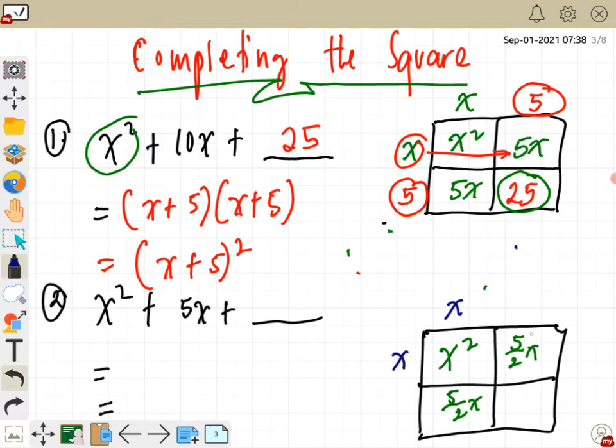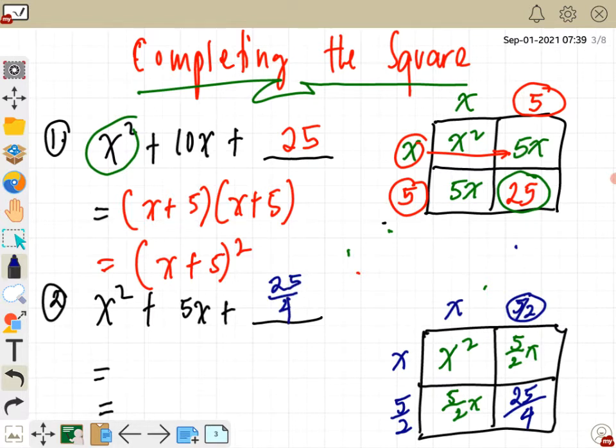Now what we do is, what must be here so that the result is 5 over 2 x. So blank times x equals 5 over 2 x. That makes it here 5 over 2. And that makes it also here 5 over 2. Multiplying 5 over 2 and 5 over 2, you have 25 over 4.